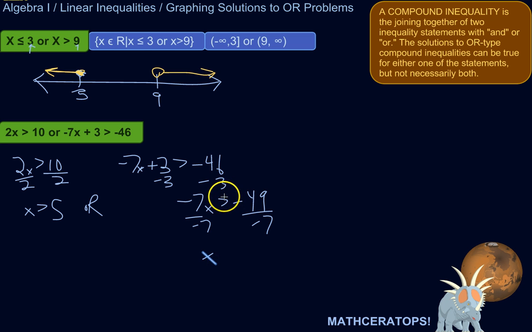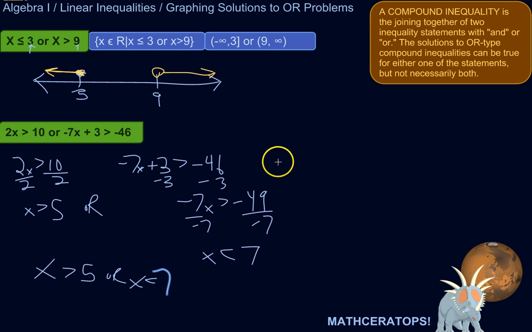Whenever I multiply or divide both sides of an inequality by a negative number, I need to remember to flip the direction of the inequality sign. So this will actually flip this way. So x is less than negative 49 divided by negative 7, which would just be 7. So my answer would be x is greater than 5 or x is less than 7.